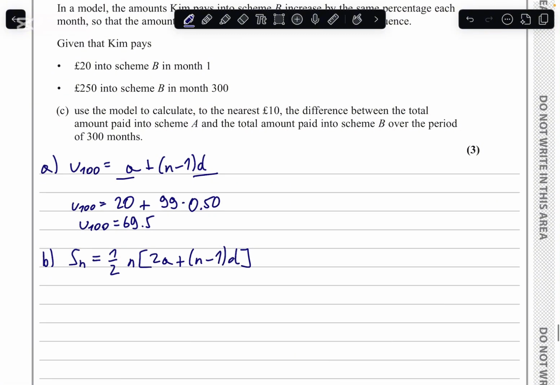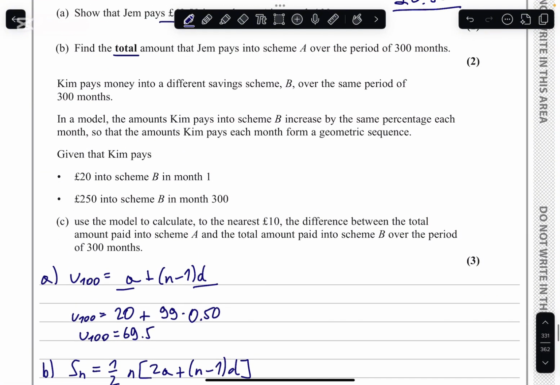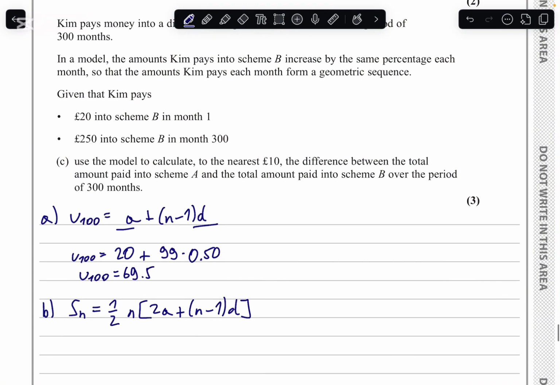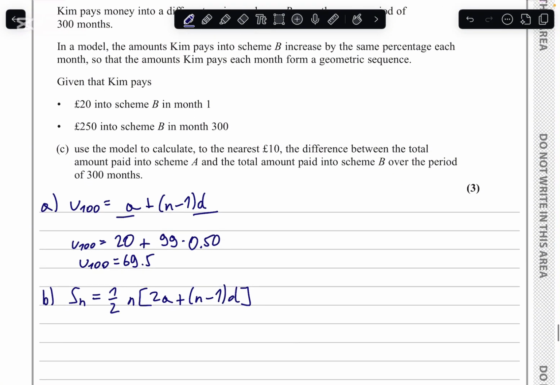So then we just go ahead and plug in the numbers again, but this time the A and D are the same, but the N will be different because we are looking for 300 months. So the N will be 300. So we just go ahead and put that in.